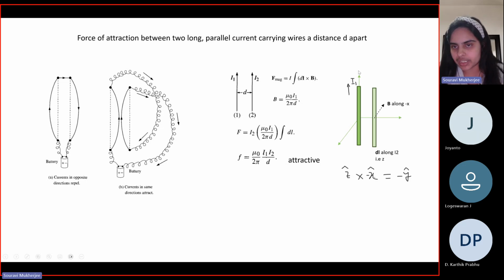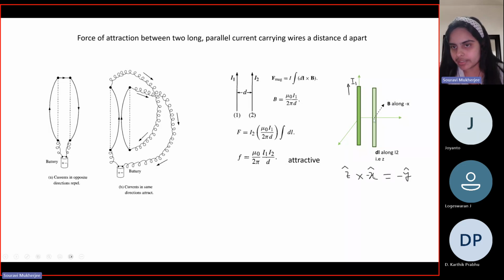So you have current carrying wire I1, and consider that the current is along the Z direction. This is your X, this is your Y, and this is your Z. So the current for the first wire is along plus Z direction.